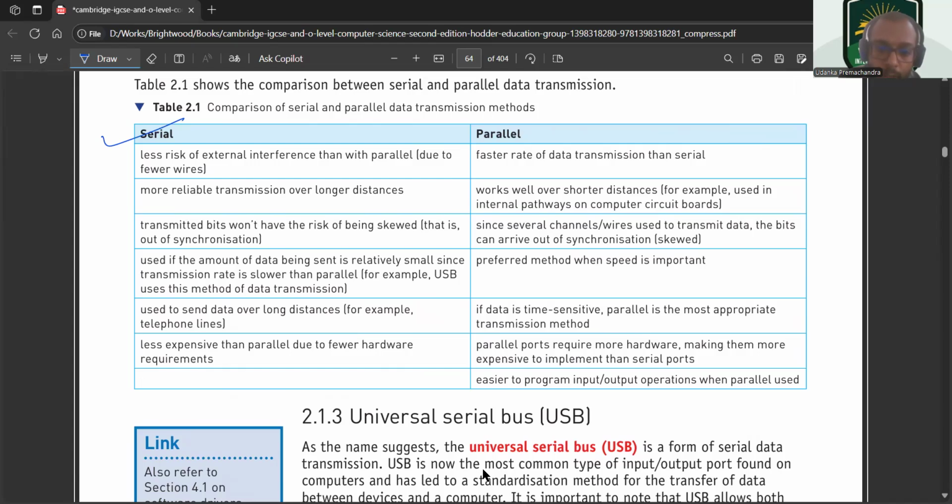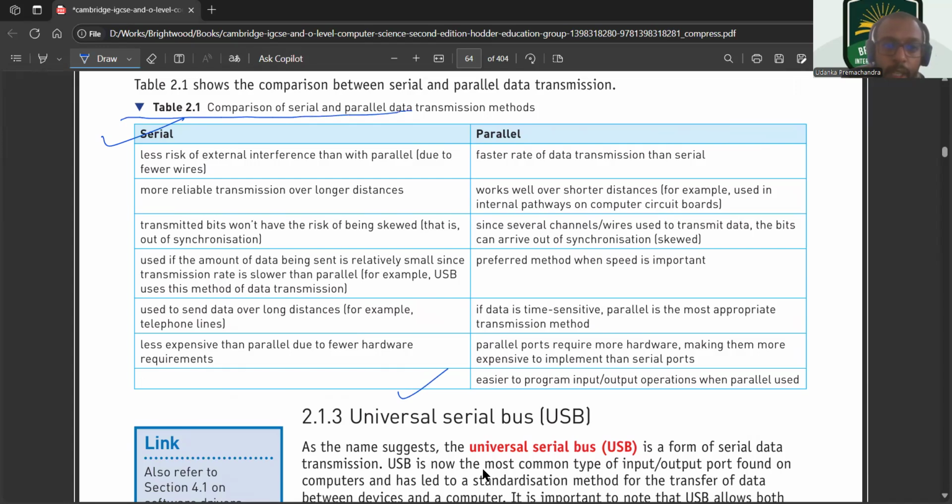Like that, you can compare and contrast serial and parallel. Can you write down this table quickly? This is the most important part. You can get all the important things, the comparison of serial and parallel methods. So quickly write down this table.